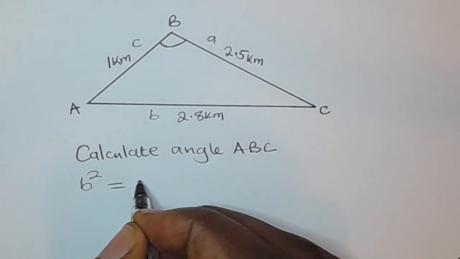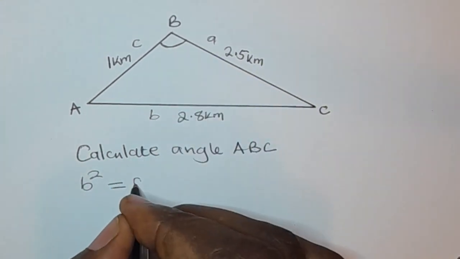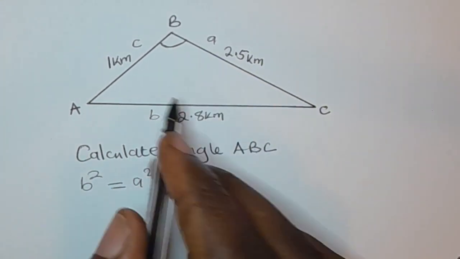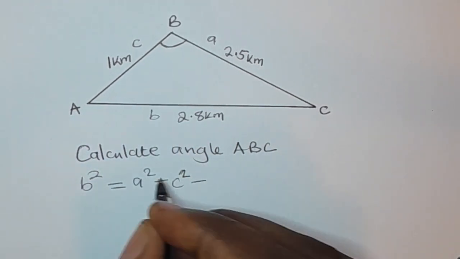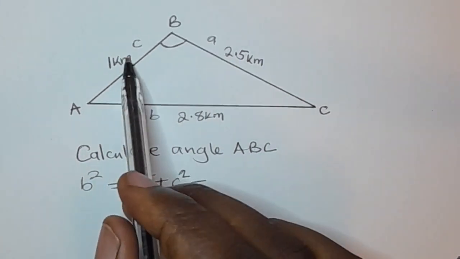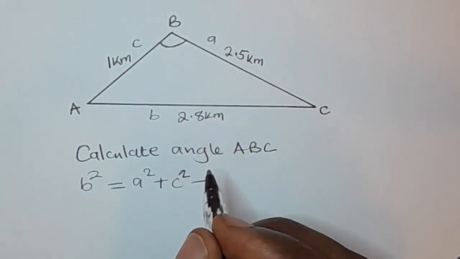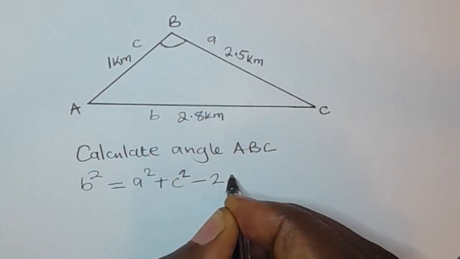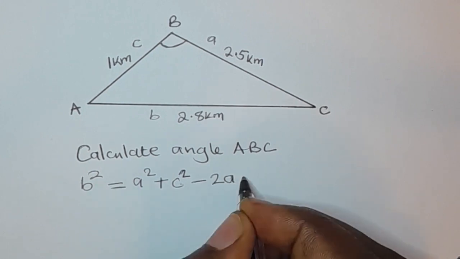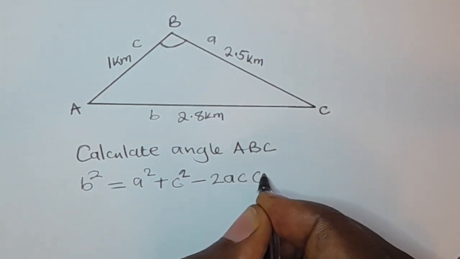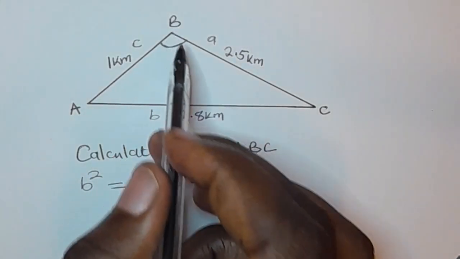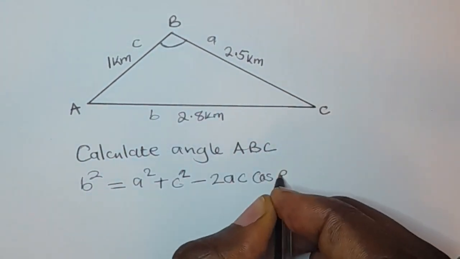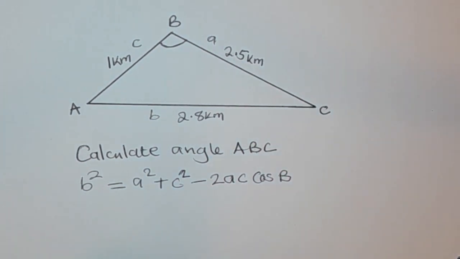So we're going to say a squared plus c squared minus, the same sides that are forming the angle, 2ac cos B, the angle that we are looking for. So cos B.